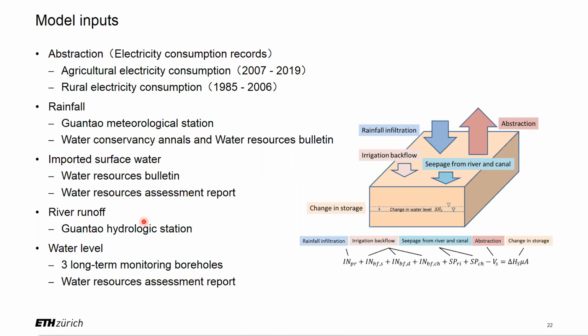River runoff is also needed. The annual values are needed. The water levels from the 3 long-term monitoring boreholes are used to calculate the mean groundwater level in Guantao County. The water level can also be obtained from the assessment report.